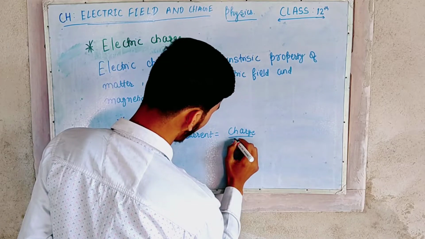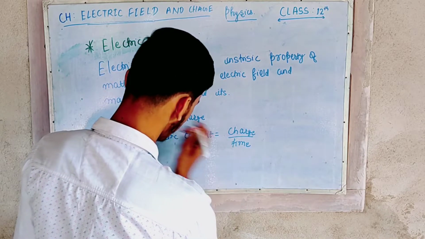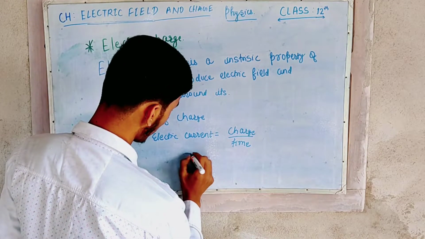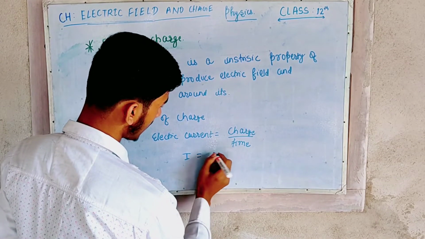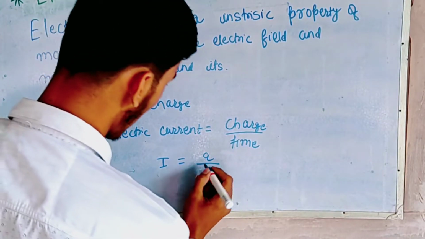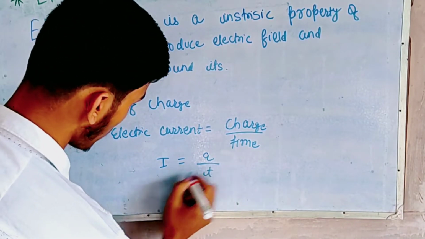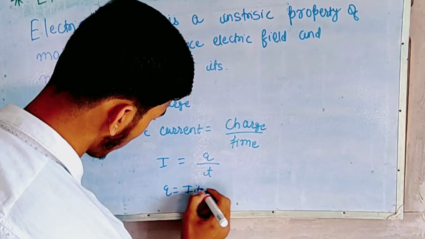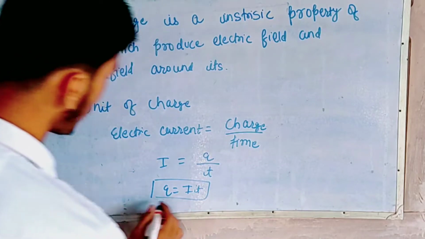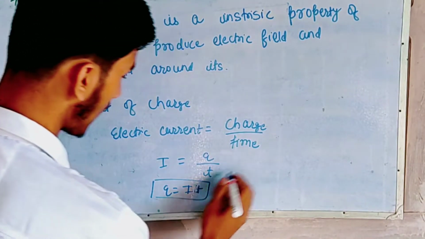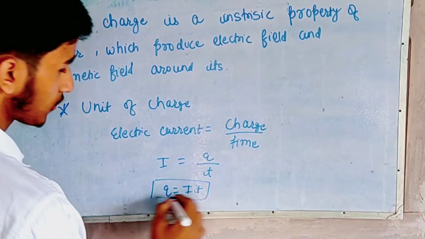We can write electric current as I, and charge Q by time T, so Q is equal to I into T. Here I is electric current, T is time and Q is charge, right? So this gives the unit of charge.